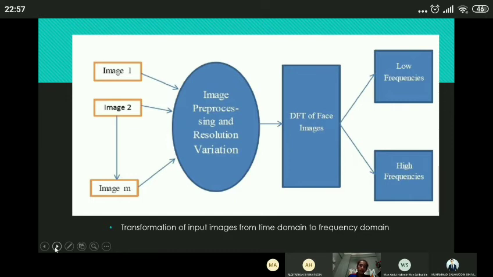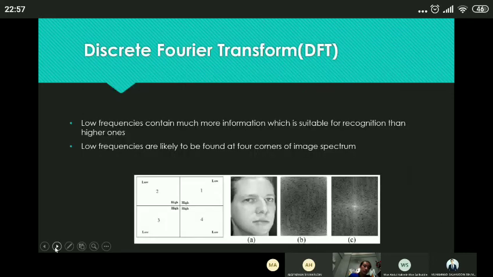From that block, it will produce the low and high frequencies. From that, we can analyze the data from the frequency. Low frequency contains much more information which is suitable for recognition compared to the high one. Lower frequencies are likely to be found at the four corners of the image spectrum. Next slide.